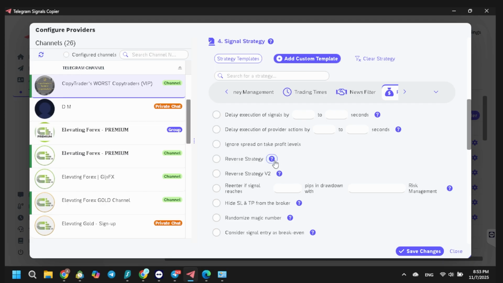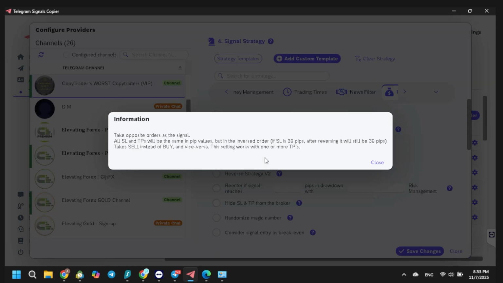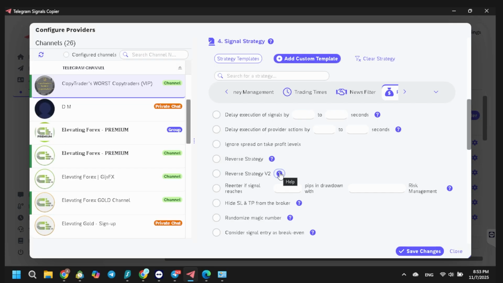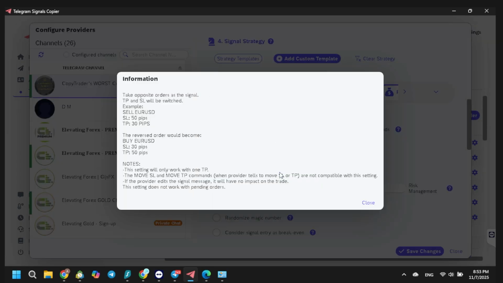If we click on this question mark, the first function is basically just using the same setup but trading in the completely opposite direction, and the V2 reversal function is basically completely inverting the setup with the same distance of take profit and stop loss.